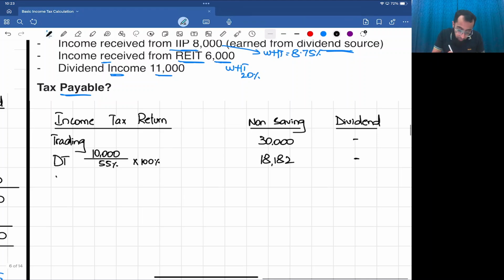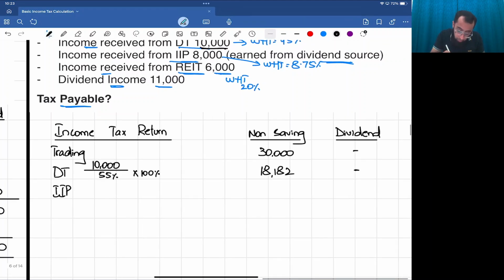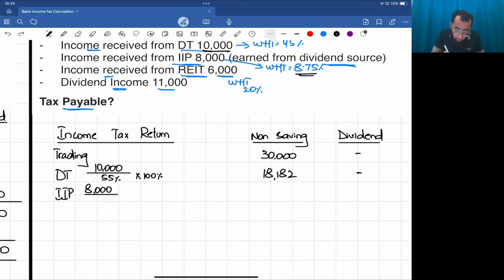Then you have interest in possession trust earning from dividend source. So it's 8,000 divided by, now here please listen to me carefully, withhold is 8.75. So what you get will be 91.25%. Think logically.